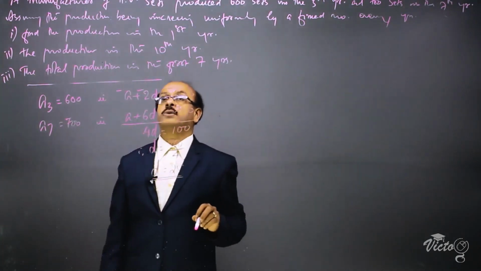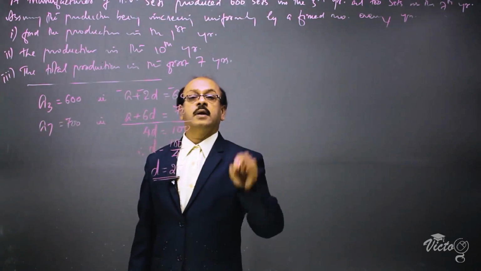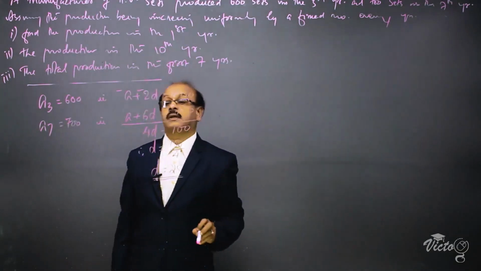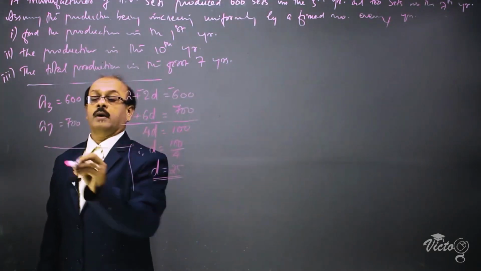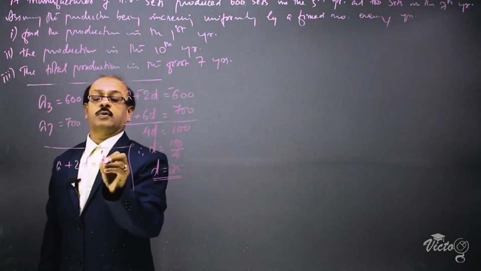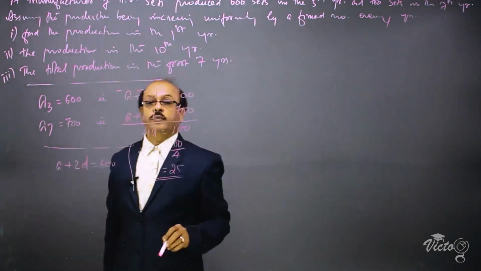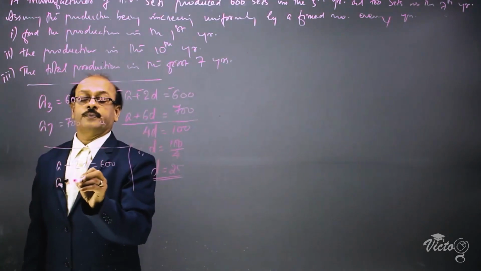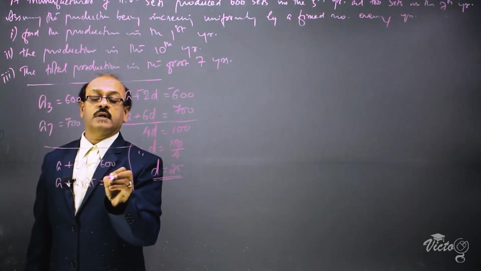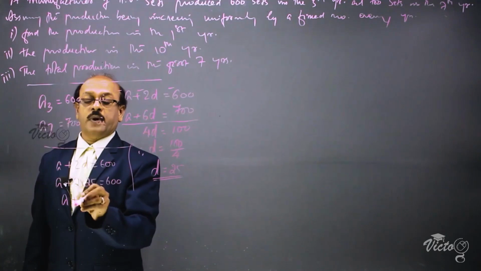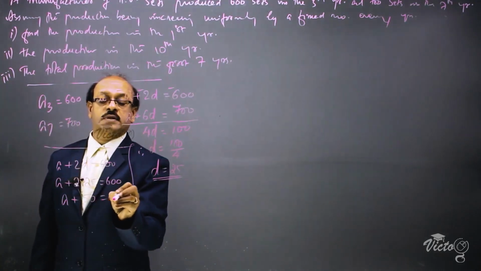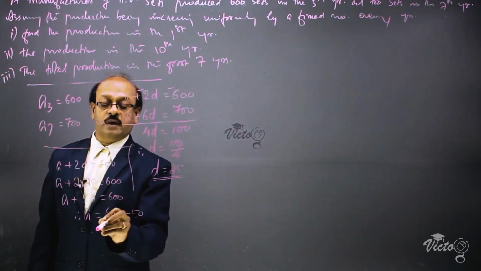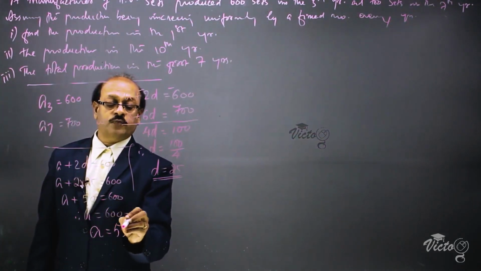Now, we have to find the production in the first year, which means the first term of the AP. For that, we take the equation A plus 2D is equal to 600. Instead of D, we put the value D is equal to 25. A plus 2 into 25, which is 50, is equal to 600. Therefore, A is equal to 600 minus 50, A is equal to 550.